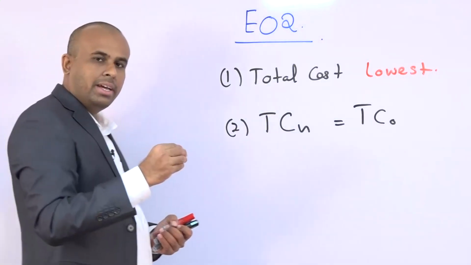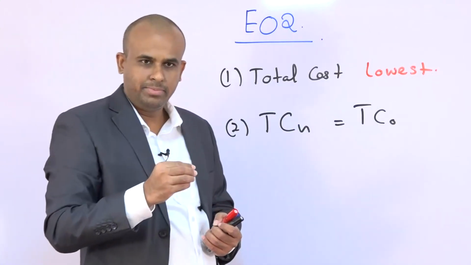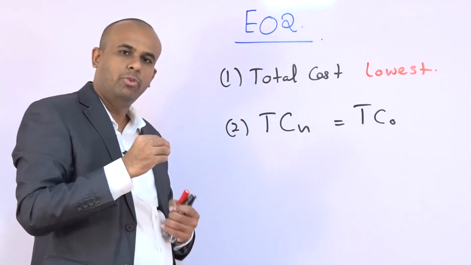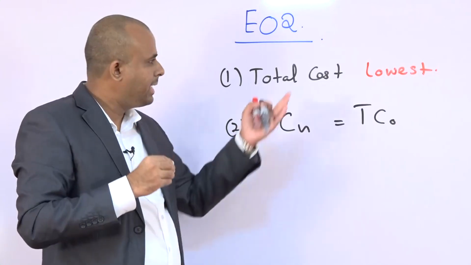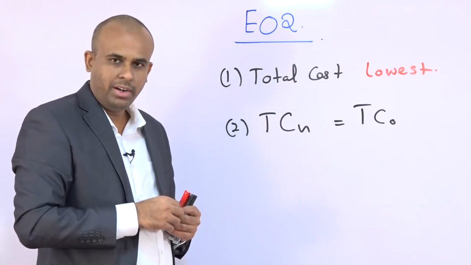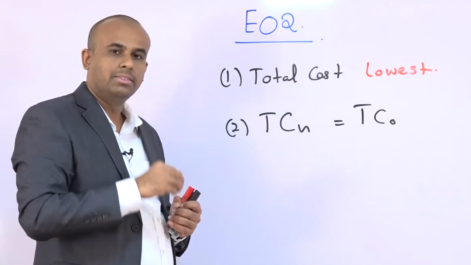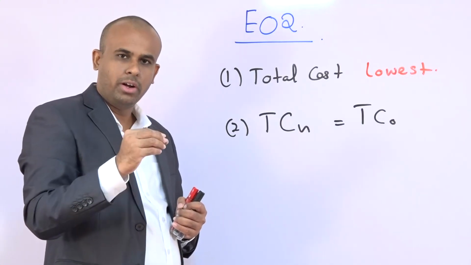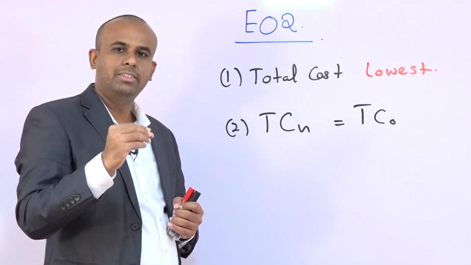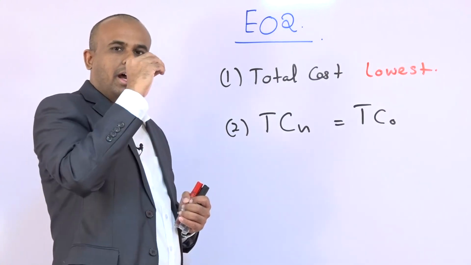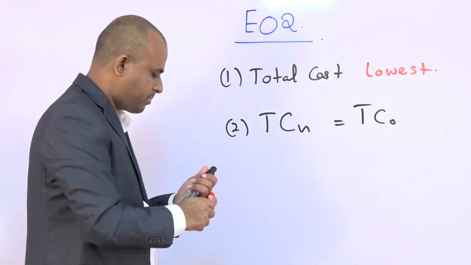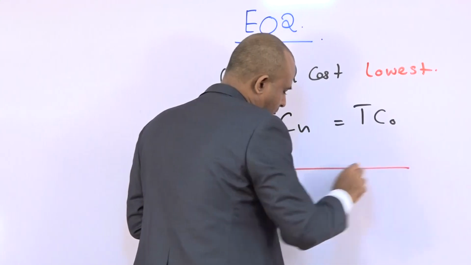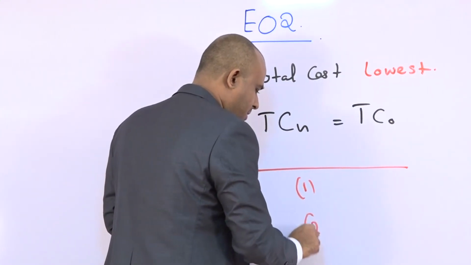Now we have studied what economic order quantity is and its two main characteristics, and thereafter we are going to discuss how to determine the economic order quantity.